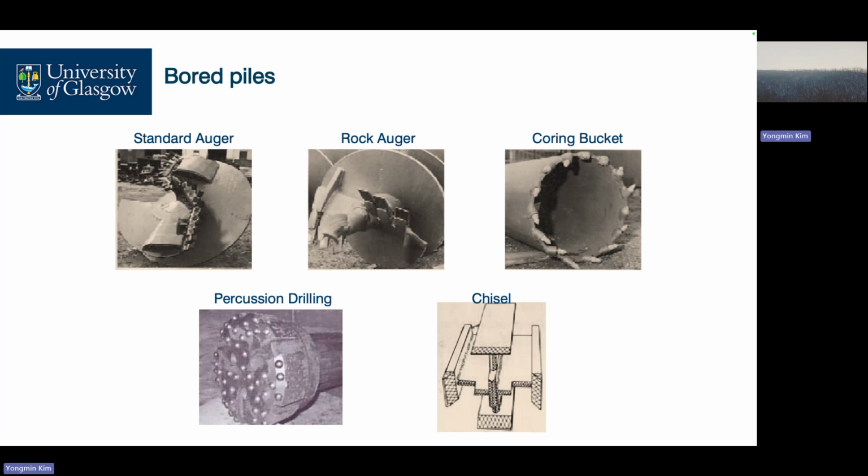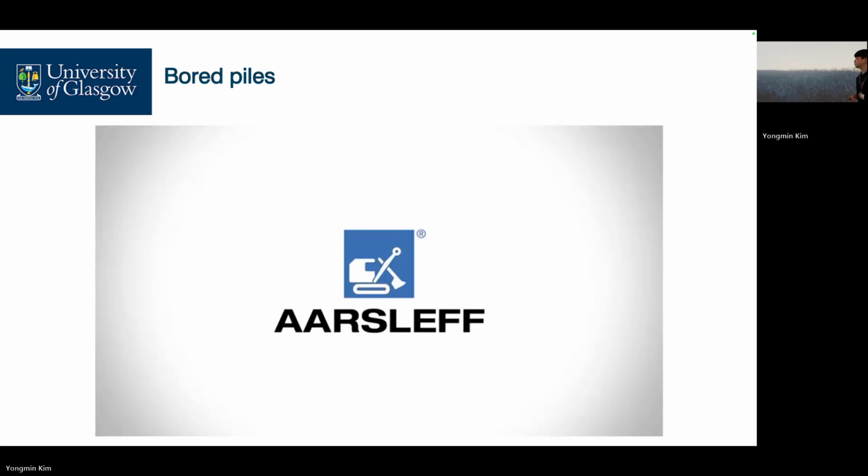So we use the standard augers, the pouring bucket, the scissors, percussion drilling. Every method can be available to do some pre-bore. Okay, let's take a look at the bored pile construction.